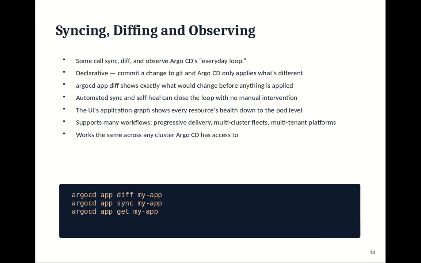Automated sync and self-heal can close the loop with no manual intervention. The UI's application graph shows every resource's health down to the pod level. Supports many workflows: progressive delivery, multi-cluster fleets, multi-tenant platforms. Works the same across any cluster ArgoCD has access to.